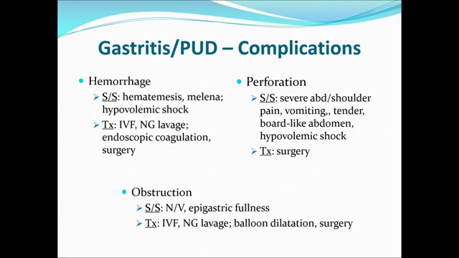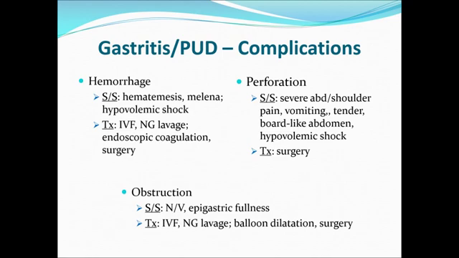Of course, we're going to have to support circulating volume with IV fluids. They'll have a nasogastric tube hooked up to lavage to suction to pull out any of that gastric bleeding. And ultimately, a lot of times they either need an endoscopic procedure or they need full-fledged surgery so they can kind of figure out and stop where the bleeding is coming from.